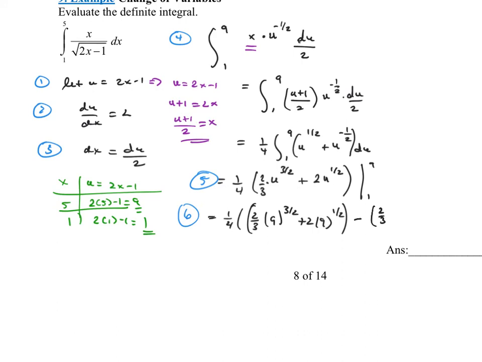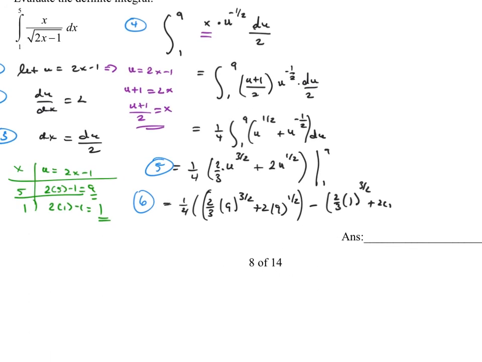So that'd be 2/3 times 1 to the 3/2 plus 2 times 1 raised to the 1/2. Plug that all into your calculator and let's see what you get. I'm getting a total of 16/3. And please let me know what you got.